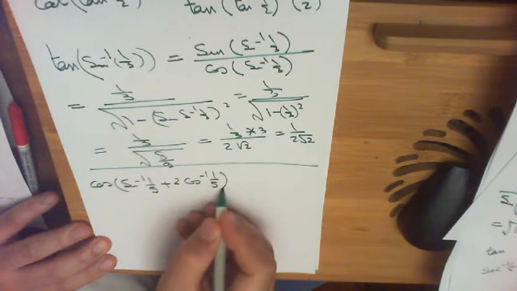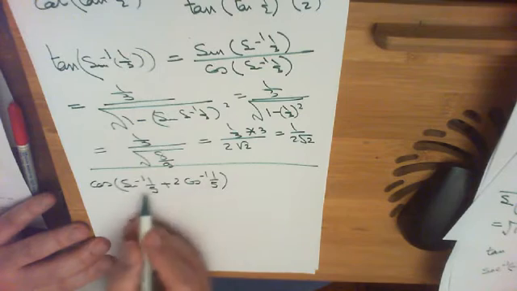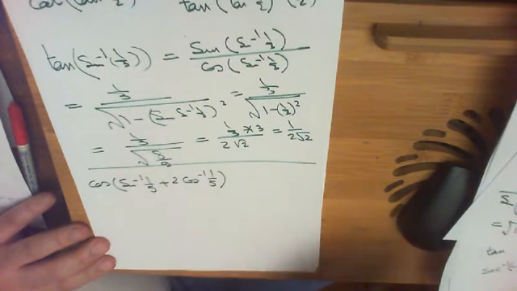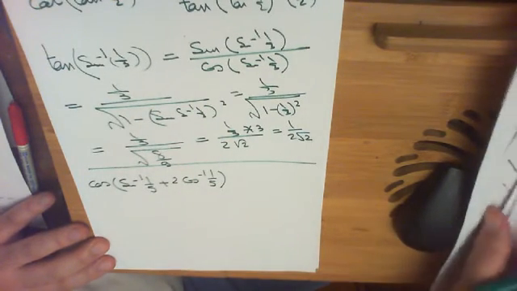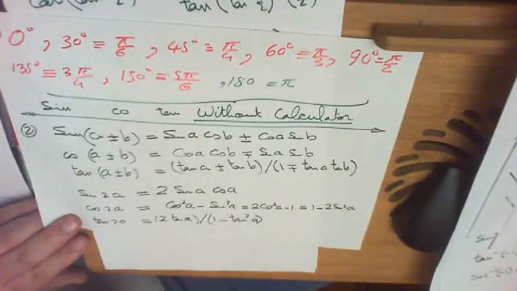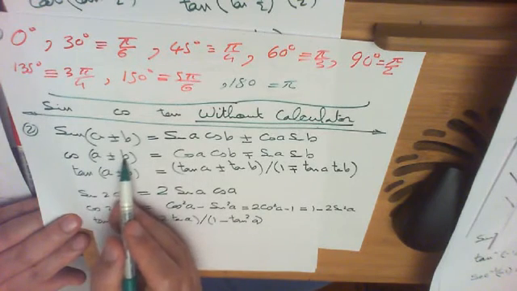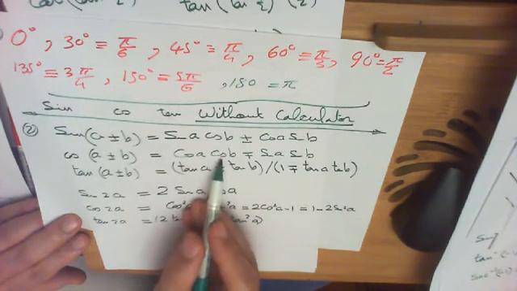What is the value of this? This is the cosine of the sum of two angles. This is the first angle, and the second angle, as we discussed before. The cosine of an angle plus another angle is cosine the first, cosine the second, minus sine the first, sine the second.